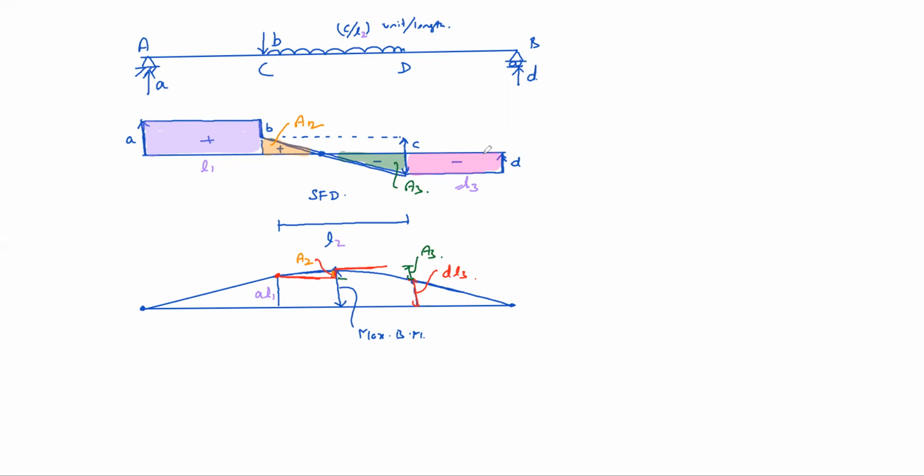That means integration of the shear force diagram areas will give you the bending moment diagram ordinate. That you should keep in mind. Integration means summation only. Integration of SFD gives ordinates of BMD.